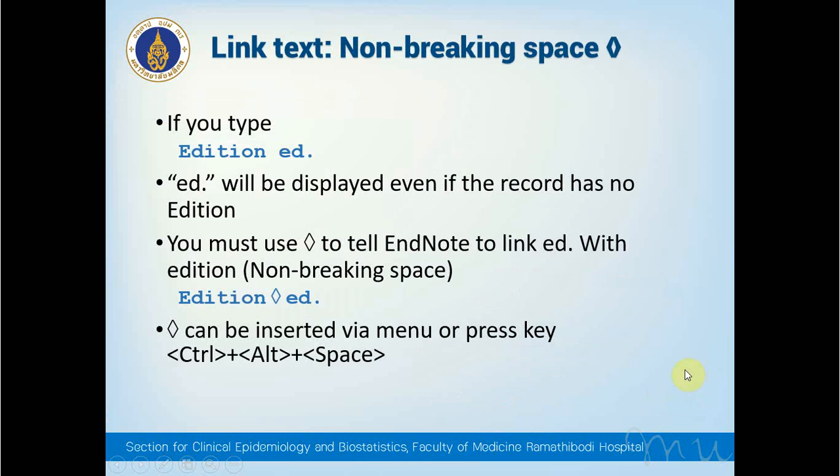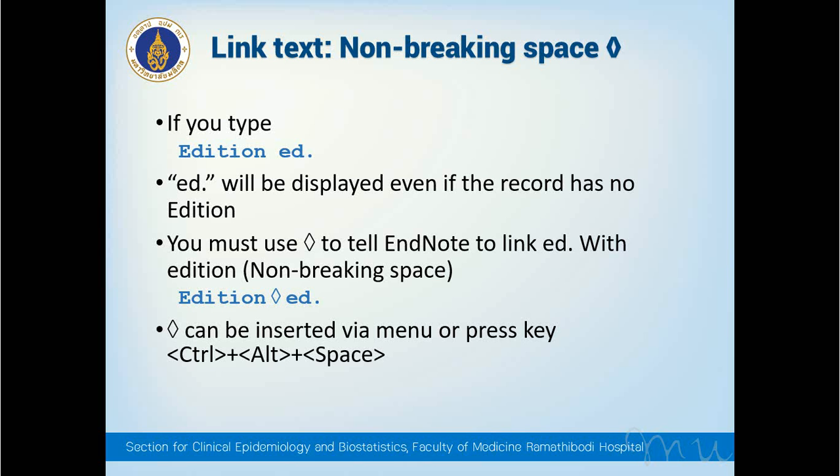Okay. So the link text, or the non-breaking space, or the diamond-shaped symbol here, means that if the field is left empty, it will not show the text that is linked to it. For example, if you type in edition, then a normal space, and then ed, whenever that article has an edition, it will put in the edition number from the database and then put in the text ed.